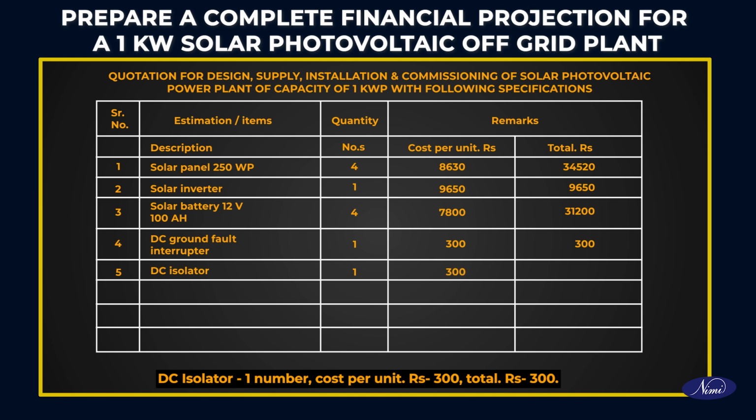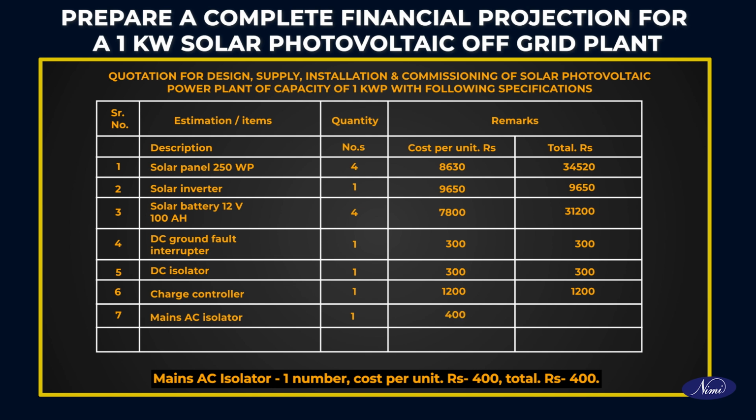Total ₹300. Charge controller, 1 number. Cost per unit ₹1200. Total ₹1200. Mains AC isolator, 1 number. Cost per unit ₹400.